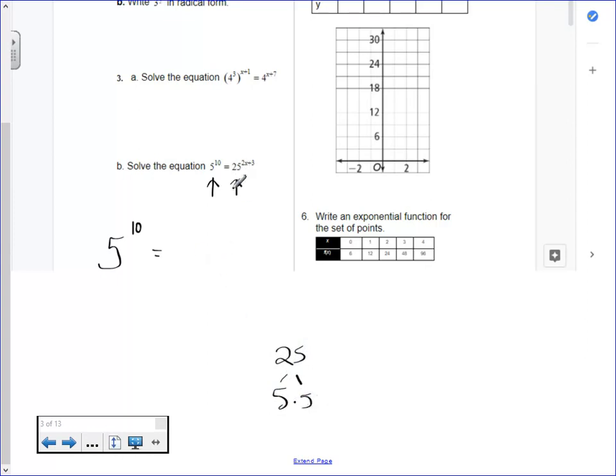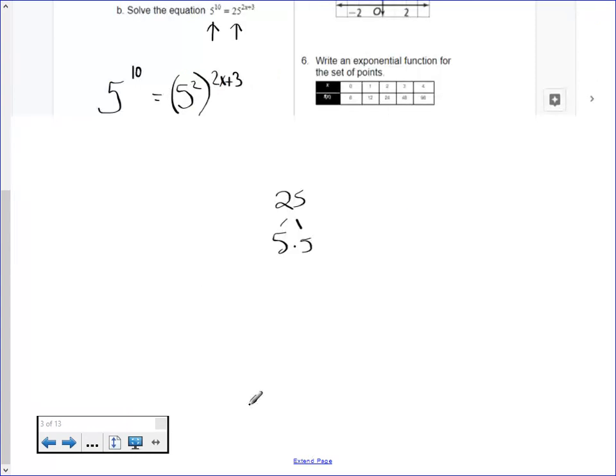So instead of writing the 25 like they have it, I'm going to change that to 5 squared. And I'm going to put that in parentheses, and then it's still raised to the exact same power as it was before. You can substitute those things in because 5 squared and 25 mean the exact same thing.